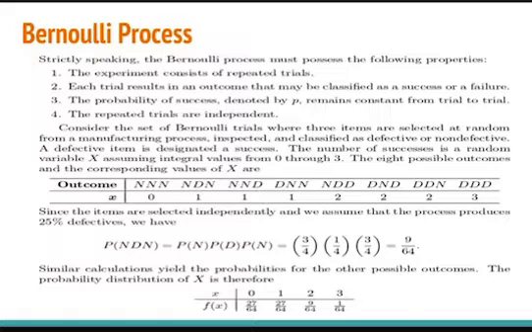But when the number of trials is more than 1, the repeated Bernoulli process becomes binomial. Does that make sense? Repeated Bernoulli process becomes binomial. And each trial results in an outcome that may be classified as a success or failure.